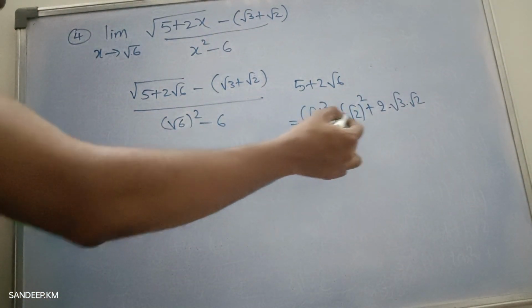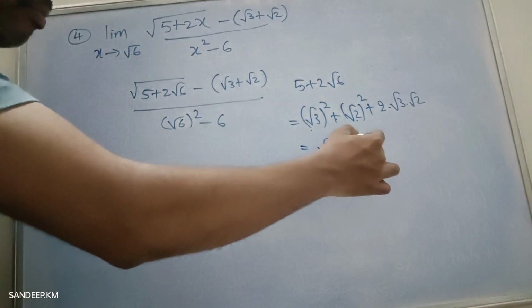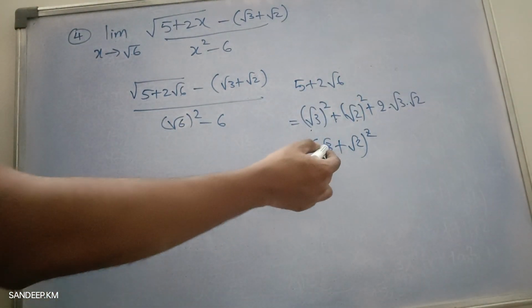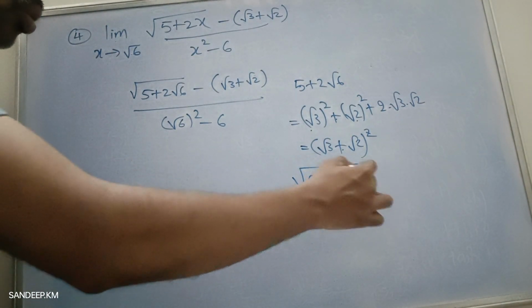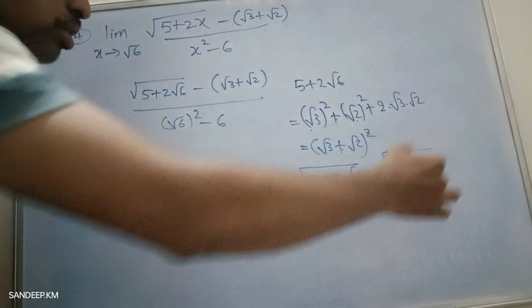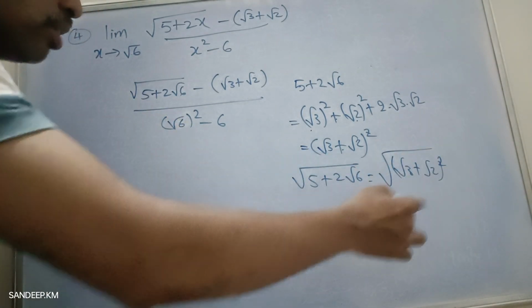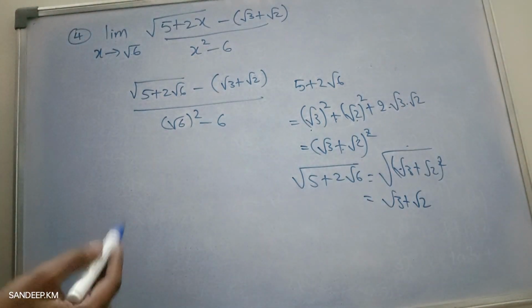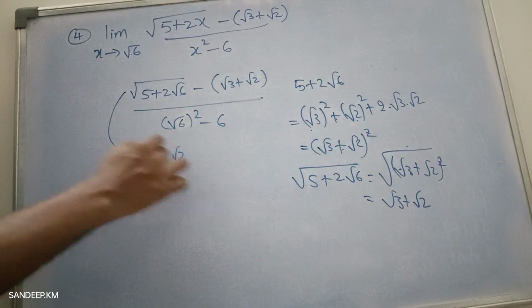Using a square plus b square plus 2ab, this is a plus b whole square. So 5 plus 2 root 6 is what? Root 3 plus root 2 whole square. Then what is root of 5 plus 2 root 6? Square root of this, square root of root 3 plus root 2 whole square. And obviously square and root cancel. You will get root 3 plus root 2. So therefore, dear students, the value of the numerator is root 3 plus root 2.